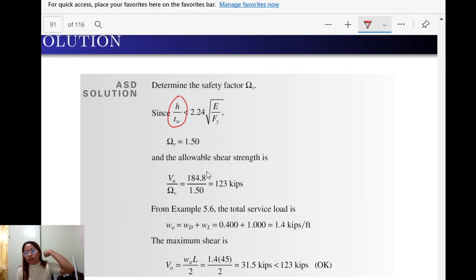So the allowable shear strength is equal to 123 kilopounds for ASD. This is your limiting value, meaning the shear force caused by the applied loads should not be greater than this allowable shear strength.